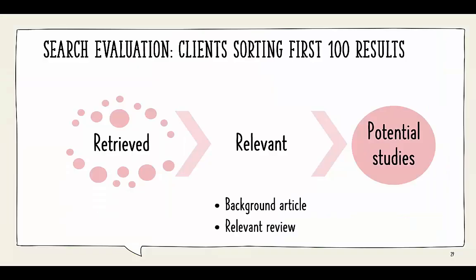So when I'm working with a client, I will give them, like I said, those first 100, have them sort it and look for potential studies. I also ask them to look for additional terms that we could add into the search that maybe we hadn't thought of before, especially if it's an international article, because maybe we've thought of the Americanized way of thinking about that topic, and maybe in other places they're saying it a different way.